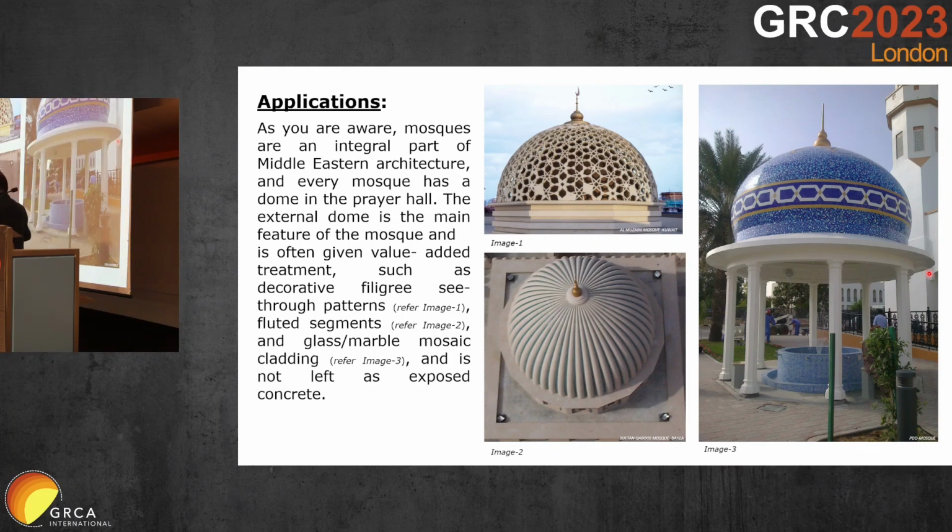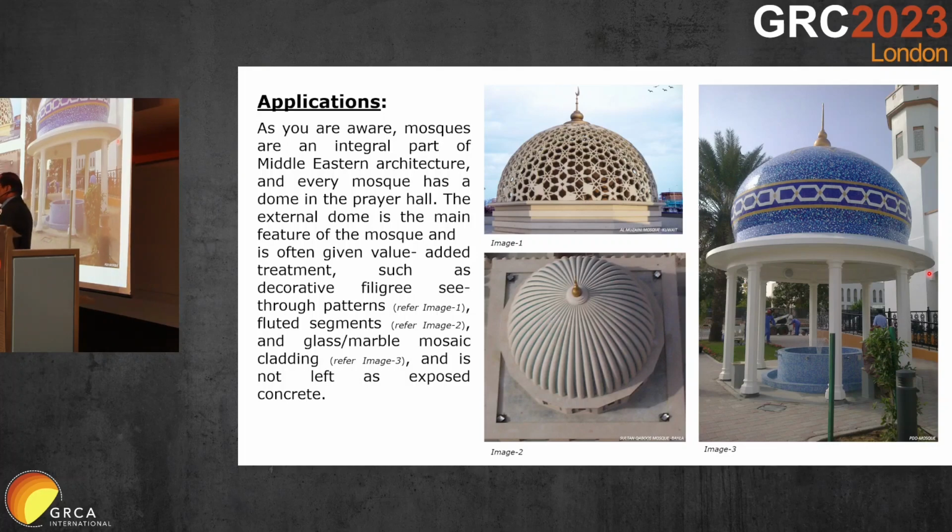Different types of domes. And the mosque is a perfect area where GRC can be used, because GRC is such a flexible material, and the mosques want to have an enriched look, always, that's the main element of the mosque.